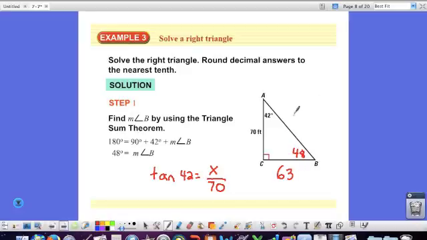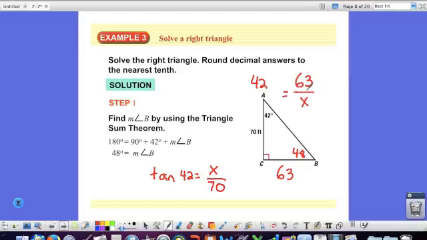To find the hypotenuse, I could use the Pythagorean theorem, but I kind of like using trigonometry. So I'm just going to say the opposite over the hypotenuse. So opposite is 42.